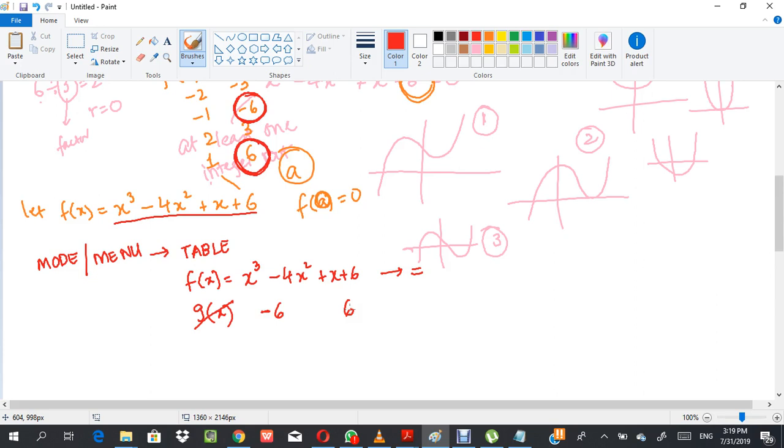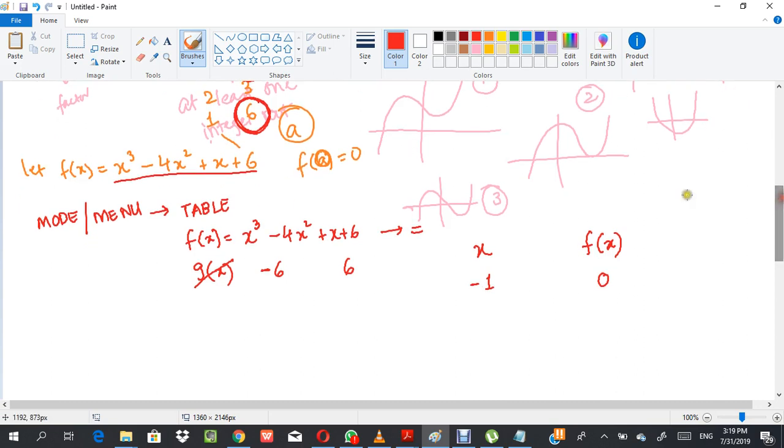Now you are going to get a table in which you have one column as x and the other column as f of x. Now we'll take a look at f of x and see where f of x is equal to 0. And here you can see that there are actually 3 values of x where f of x is equal to 0. We'll just take the first one. The first 0 occurs at negative 1, right?